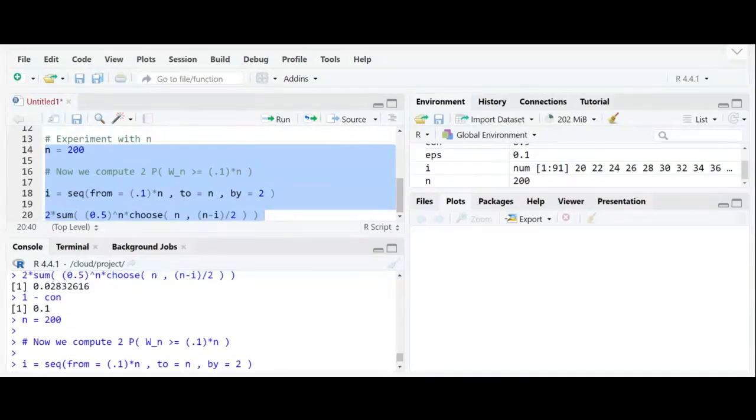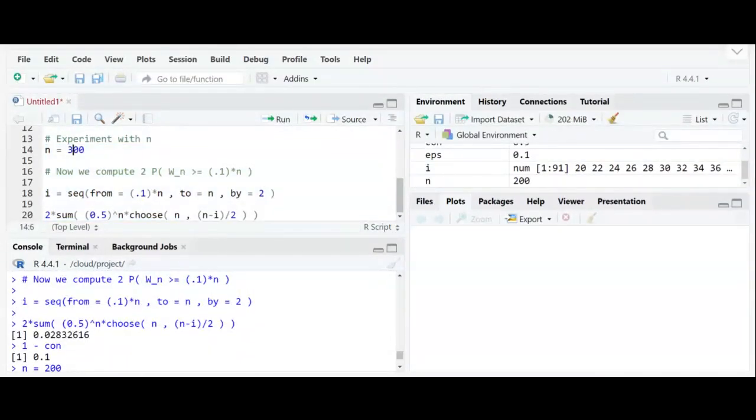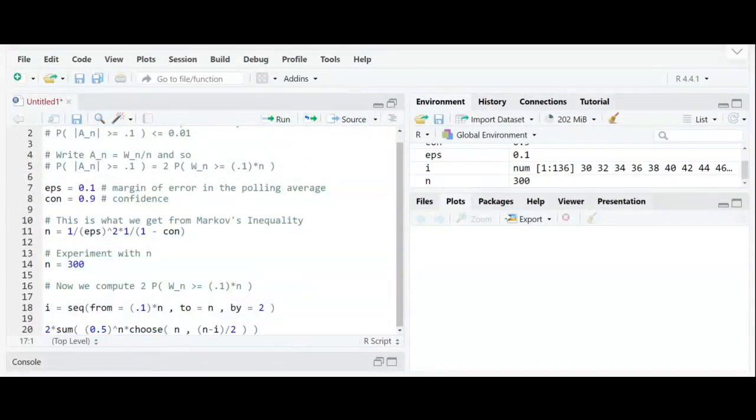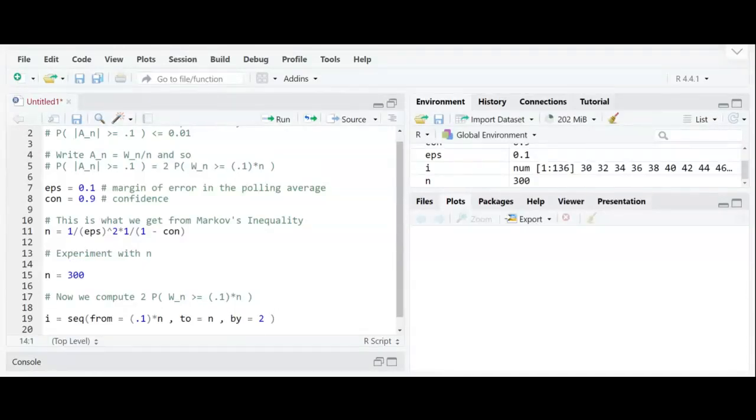With 200, we do not have the confidence anymore. Let's try 300. So it looks like 300 works for us. So it appears the optimal value for n is about 300.